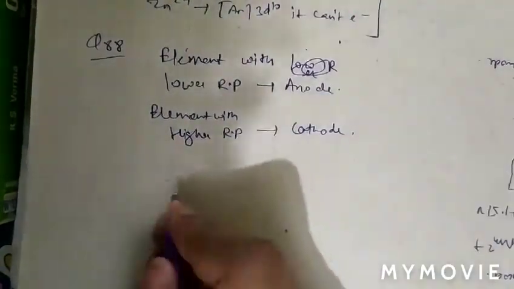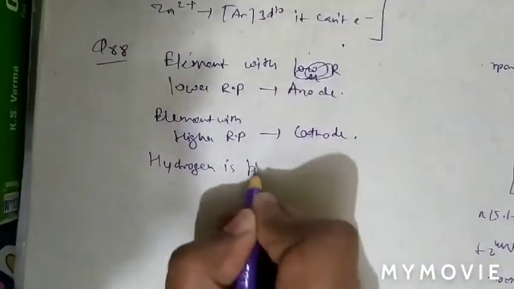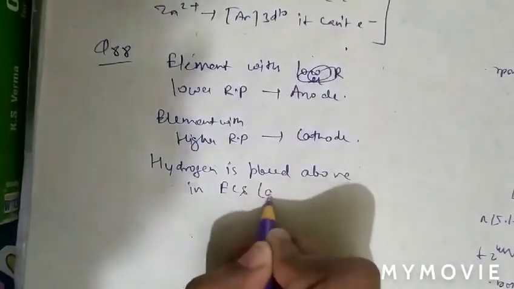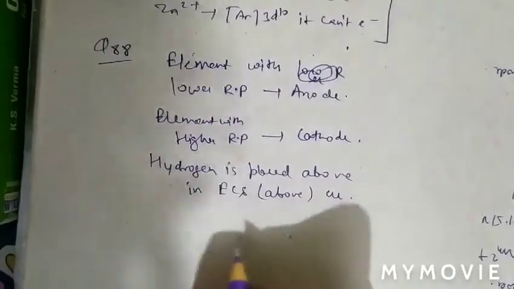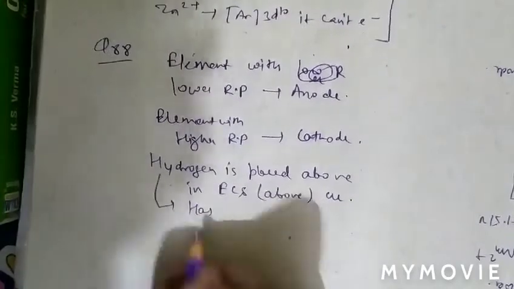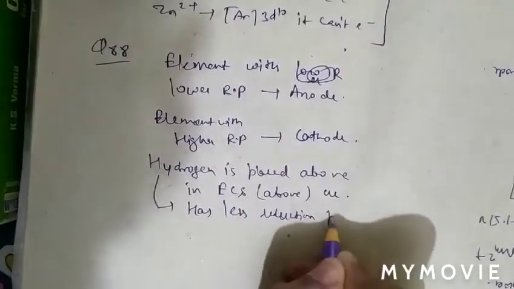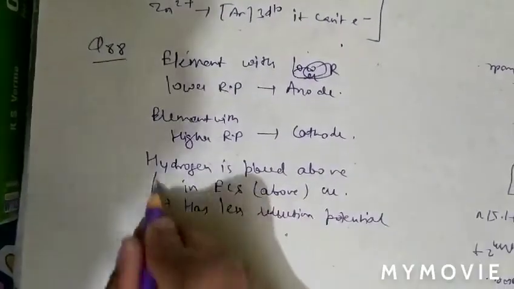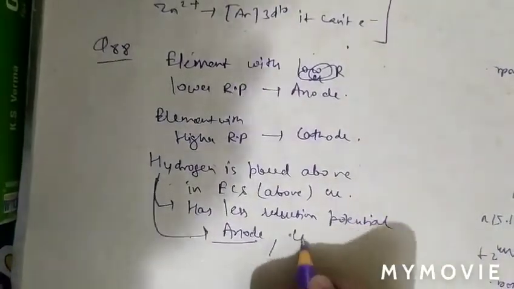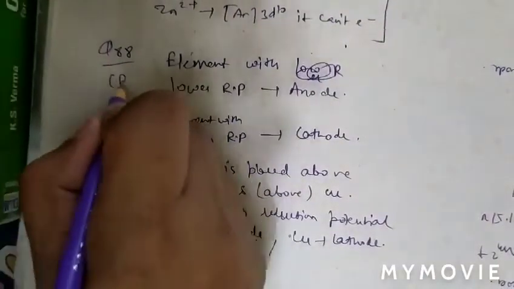And also we know that hydrogen is placed above copper in the electrochemical series. Therefore hydrogen has less reduction potential. Hence hydrogen will act as anode and copper acts as cathode. So question number 88, option B is correct.